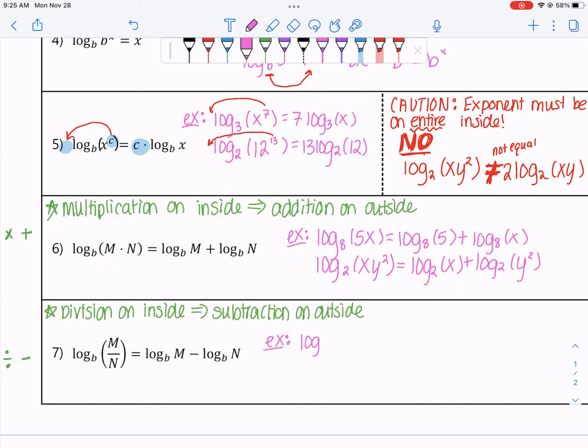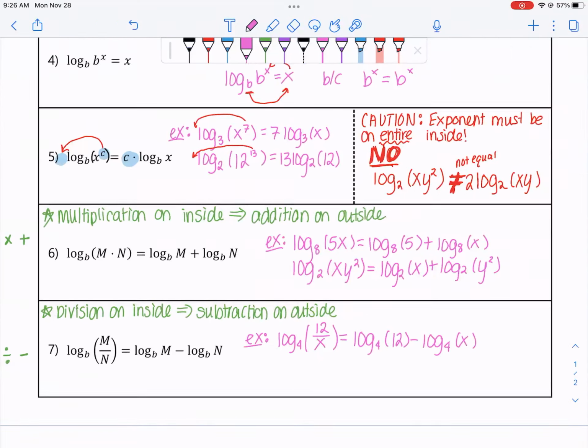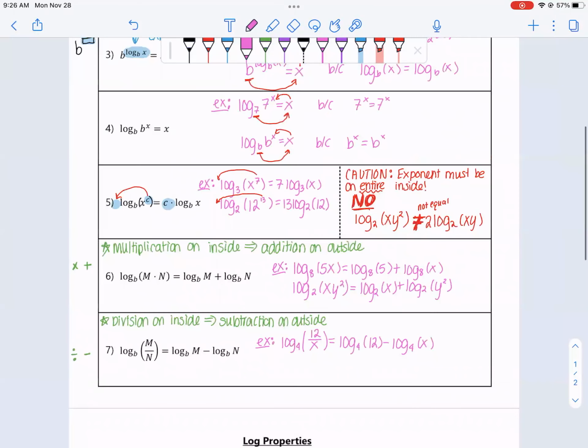Let's do log base 4 of 12 divided by x. This will be log base 4 of 12 minus log base 4 of x. These are the rules.